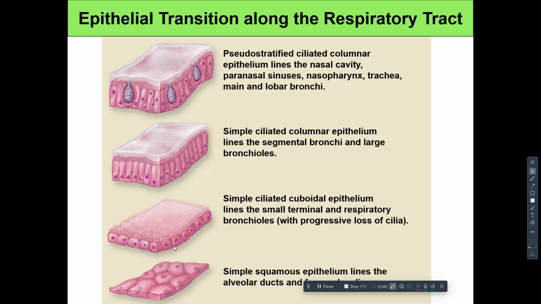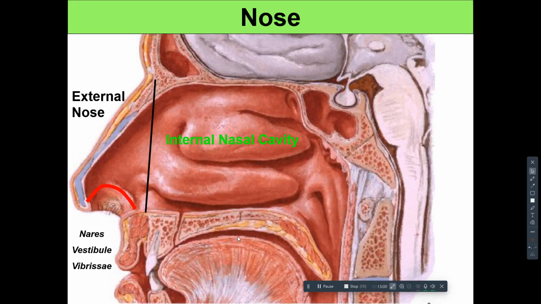I start losing the goblet cells. I'm losing the cilia. Then eventually, by the time I get to the alveoli, I'm left with a simple squamous epithelium. So I'm going from a protective structure in my conducting zone, ultimately to an exchange structure in my respiratory zone. Makes sense. All right, let's now walk our way through the anatomy, starting with the nose.